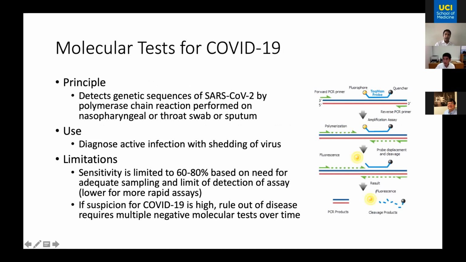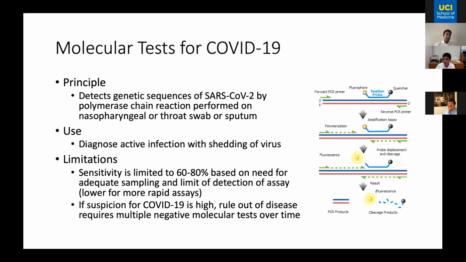So I'm going to mention some molecular tests for COVID-19, and I guess we're going to get to the questions at the end. The principle of this is we try to detect the virus that's actively in the nose or the throat by performing a PCR reaction, which detects the genetic sequences of the virus in your nose and throat.